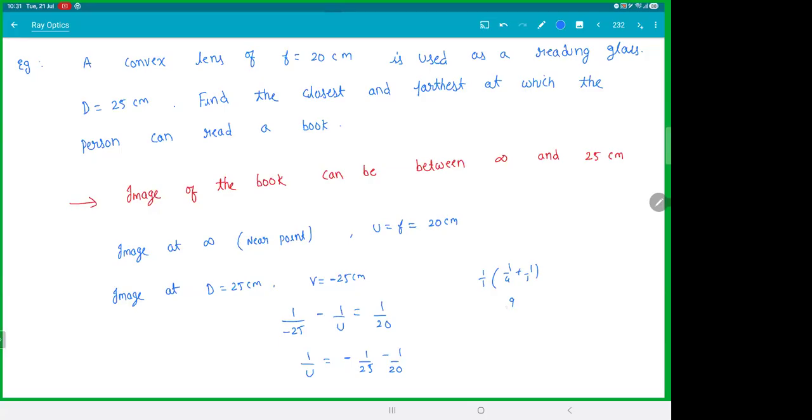That's 9 by 100. u will be minus 100 by 9. This is minus, so basically it is behind. So your object must lie between 20 centimeters and 100 by 9 centimeters, which is close to 11.11. So you should keep the object between this range, or else you can't see the image.